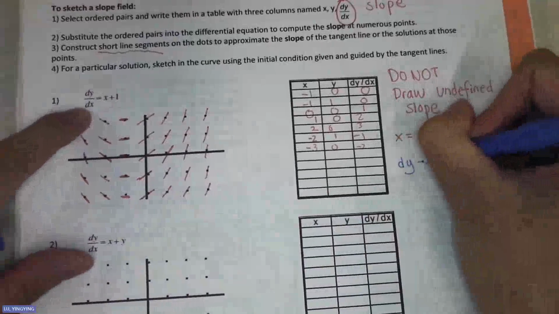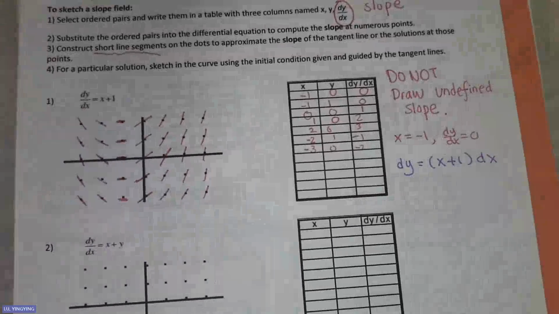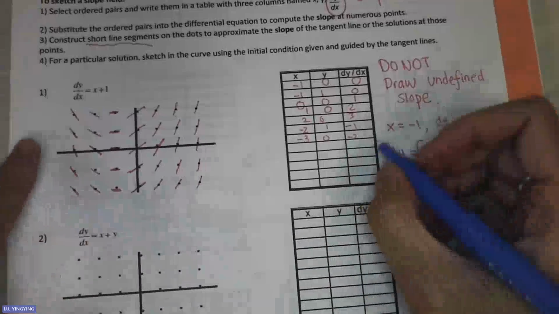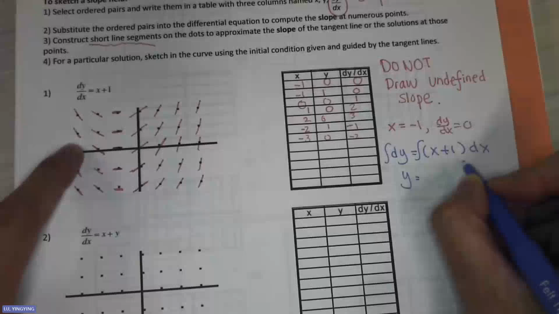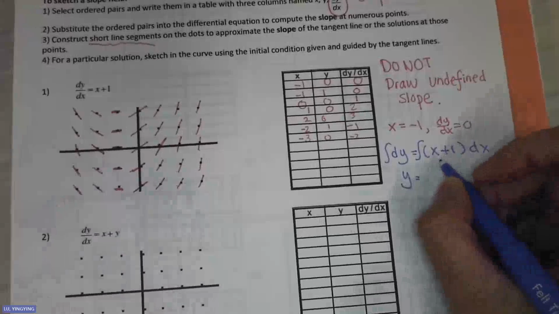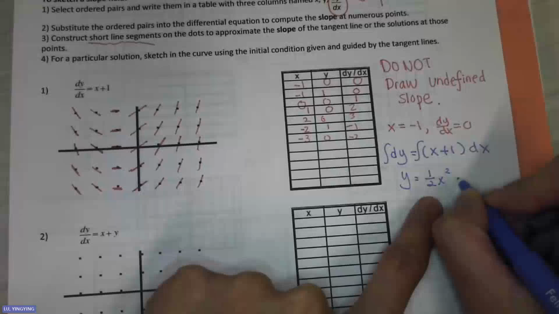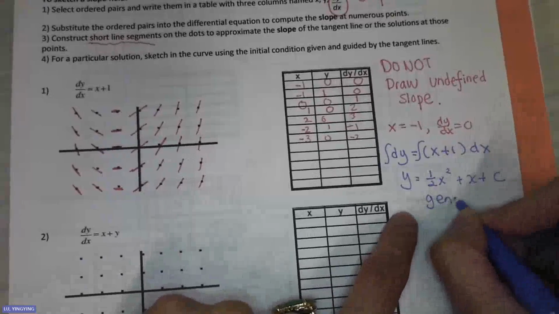So I'm just going to move dx to the other side, right? And then integrate the left and integrate the right. Hopefully you're going to get a quadratic. So the antiderivative for dy is y. The antiderivative for x plus 1, that's just the reverse power rule. This is 1/2 x squared plus x plus c. You see this is quadratic. Remember, this is called a general solution.